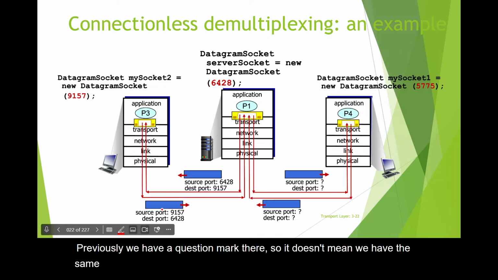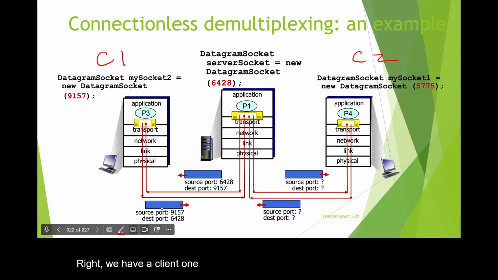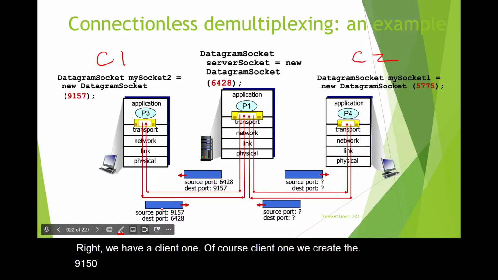And right now, look at this. We have client 1. Of course, for client 1, we create the port number 9157, and client 2 has 5775.